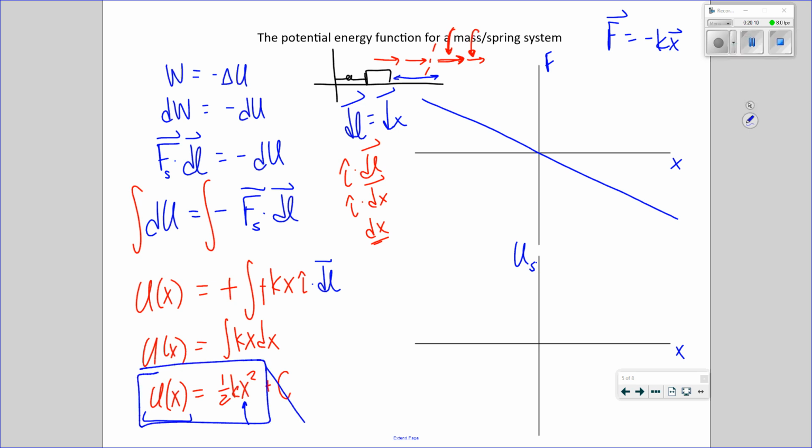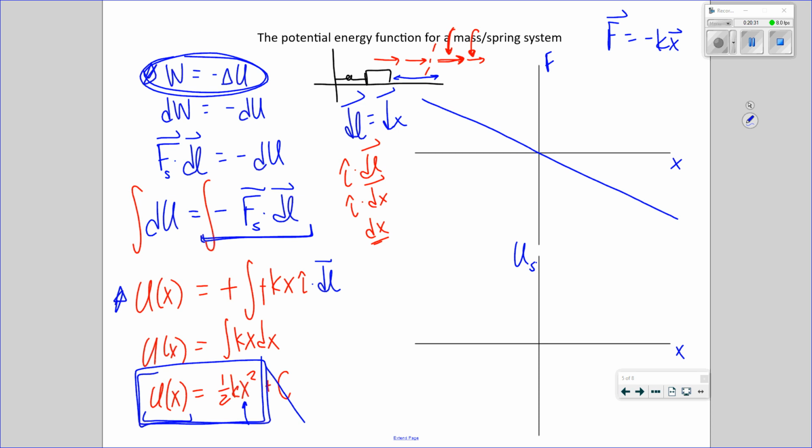I mean, why did we do that? Don't we know that already? Sure we do, but what I'm trying to help you see is that any and every potential energy function associated with a conservative force can be derived by using a definition of conservative force.